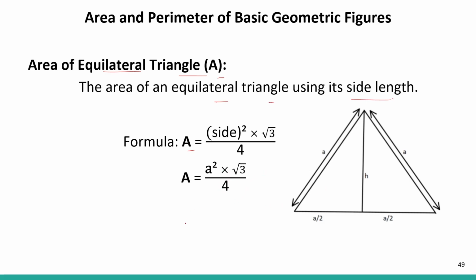This is the formula. So if A is given to us, let's say A is equal to 1 meter, then the area will be root 3 by 4 meter square. That is how we can evaluate the area of an equilateral triangle if we are given its side length.